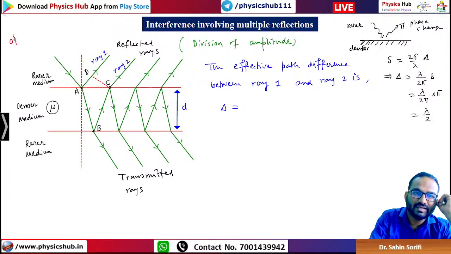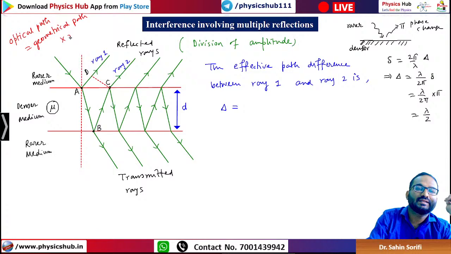We need to consider the optical path difference. Optical path is equal to geometrical path multiplied by the refractive index.